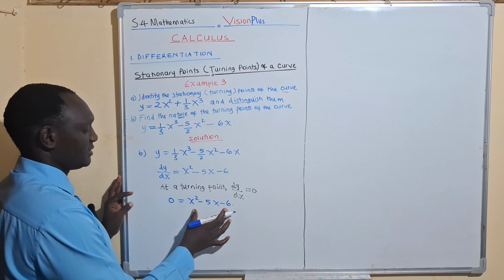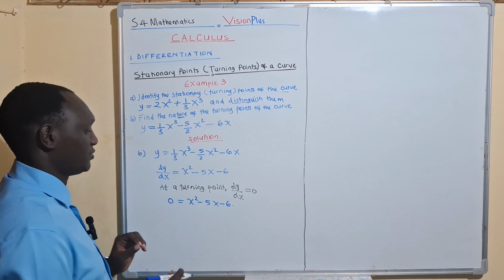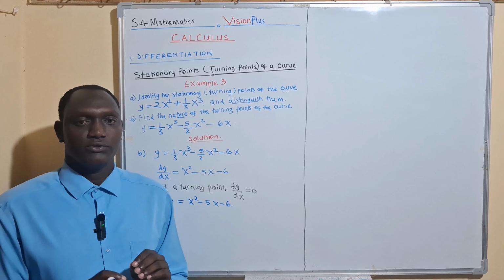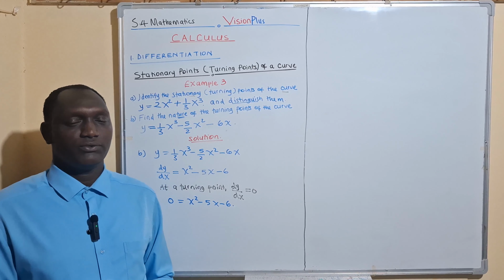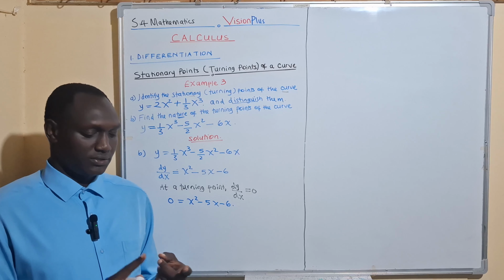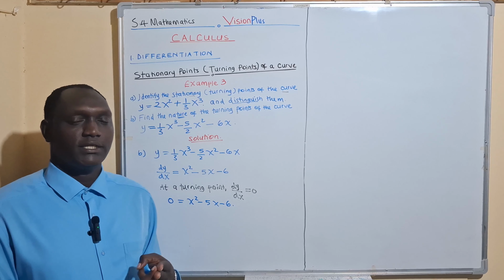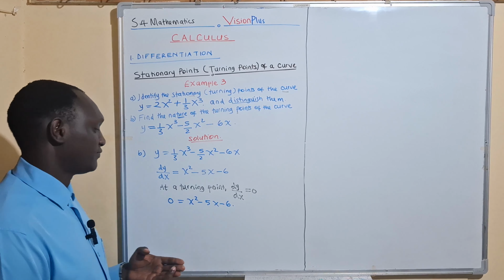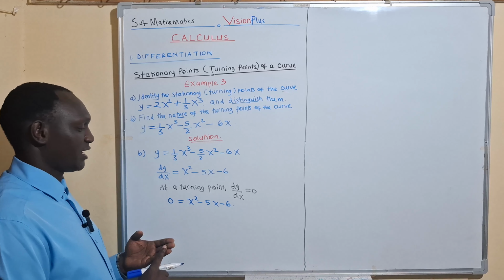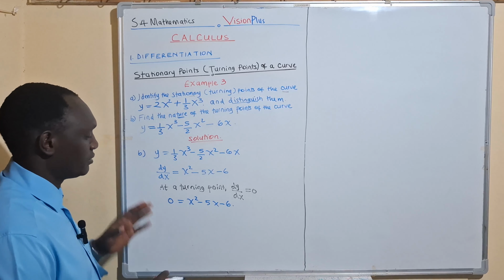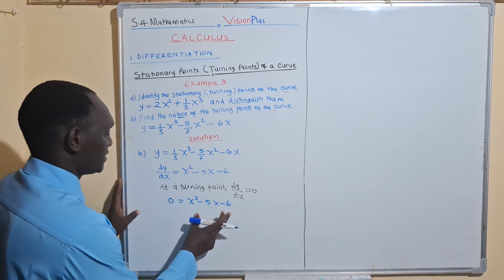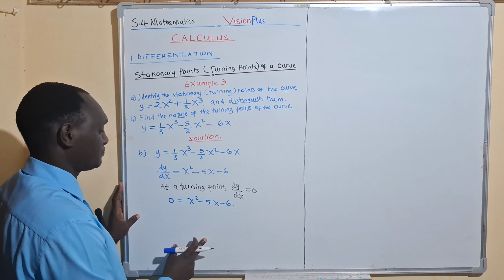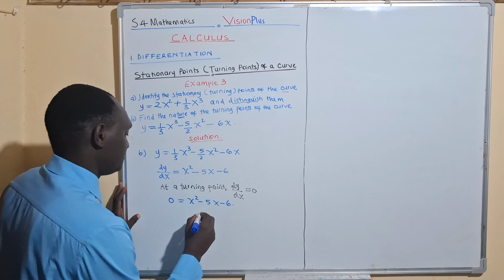Clearly you can see that this is a quadratic equation. You can use any method that is quicker for you, either factorization, formula, completing squares, or plotting graphs. But plotting will take you a lot of time. So let us see if we can factorize this.